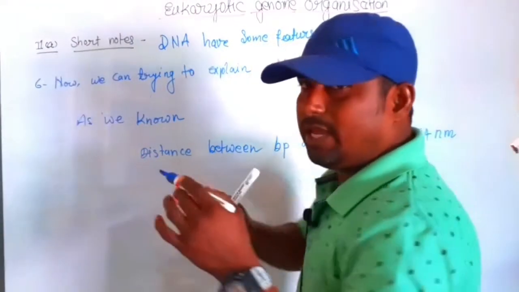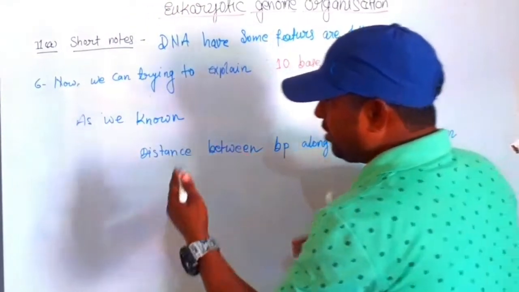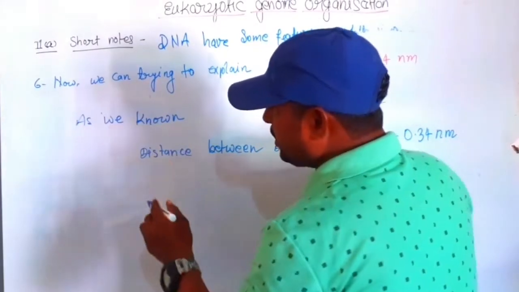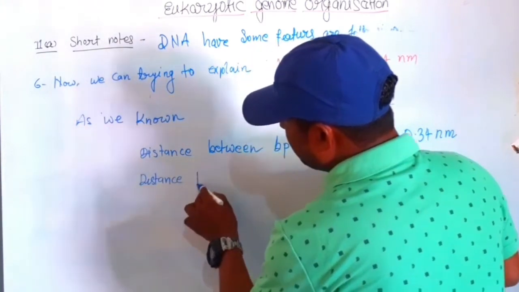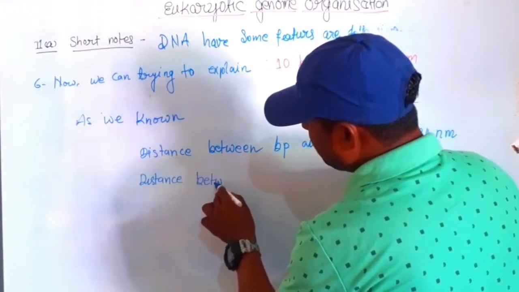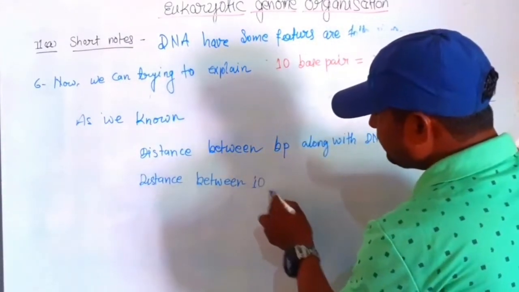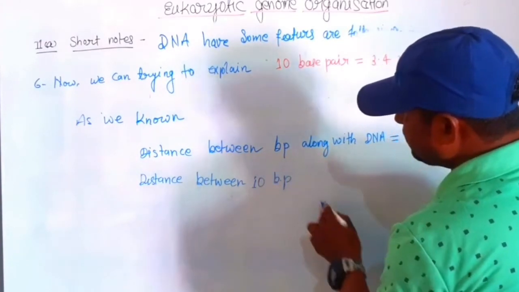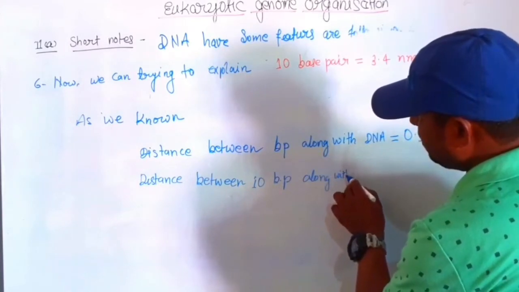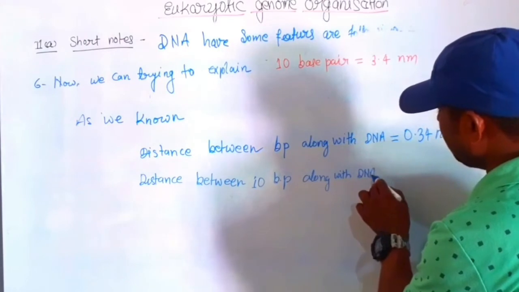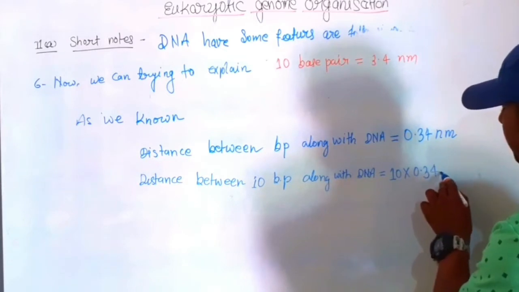So we know two major grooves have 10 base pairs. Therefore, the distance between 10 base pairs along the DNA is equal to 10 into 0.34.